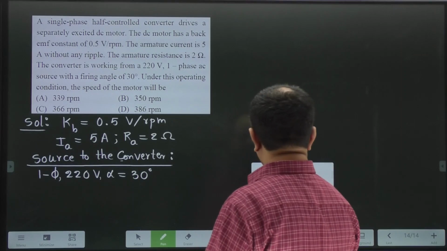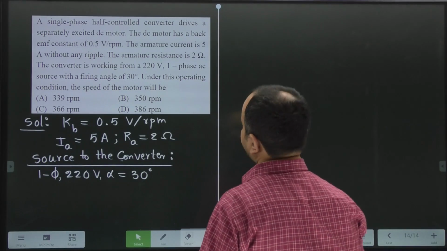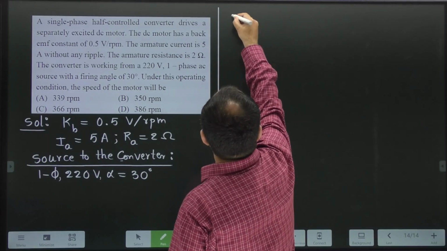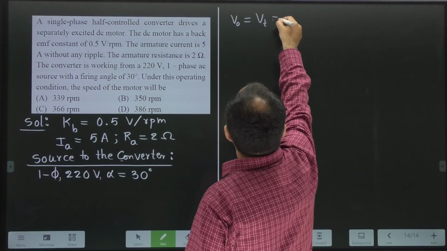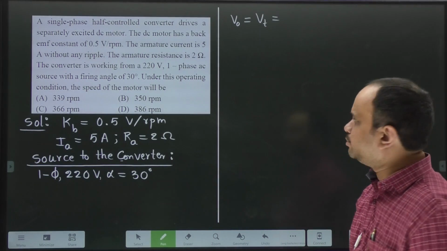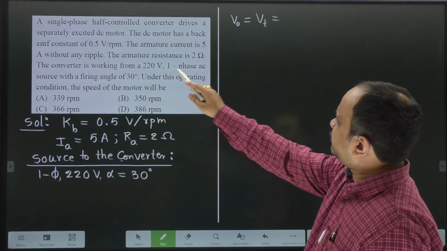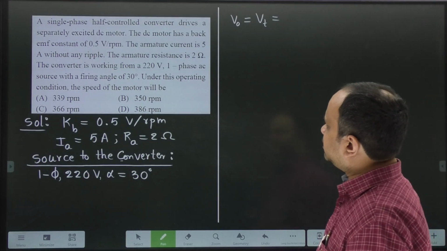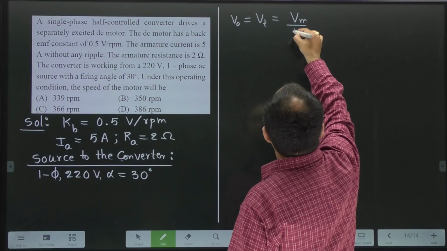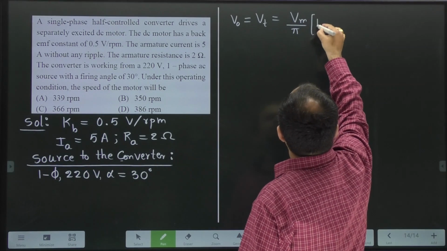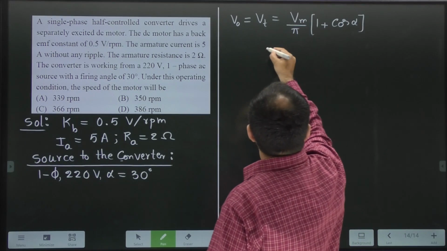Therefore, from this data, what I can calculate first is the output voltage of the converter V0, which is equal to the terminal voltage of the DC motor. What is the formula for that? Single phase half controlled converter, that is Vm by pi into 1 plus cos alpha.